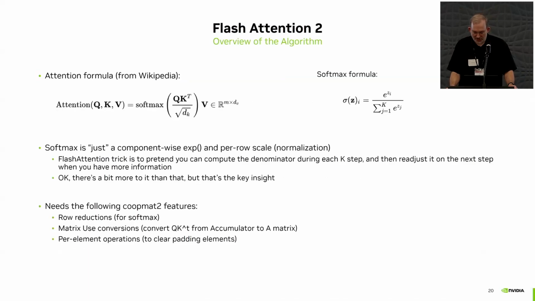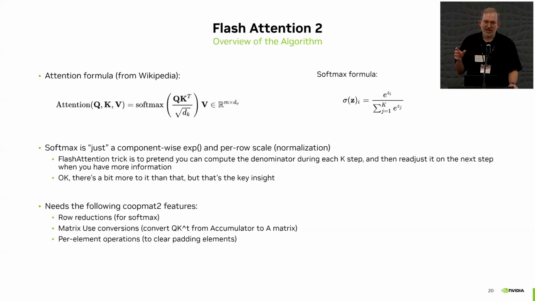Okay, flash attention. So the last regime we need to support is flash attention. So attention, without the word flash, is a common operation used in transformer networks. And it's a function of three matrices, Q, K, and V. And you multiply Q by K transpose, scale it, apply the softmax function, and then multiply that by the V matrix.